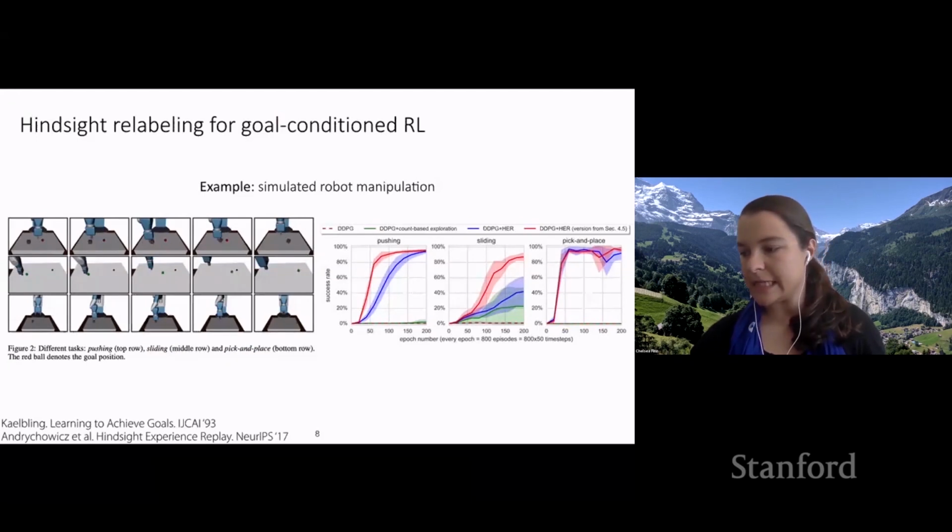What they find is that when you use relabeling, which is the blue and the red curve here, they have two different versions of it, you're able to get pretty substantial benefits over either count-based exploration or just a vanilla version of the algorithm, which is evidence for how this can alleviate challenges with exploration.